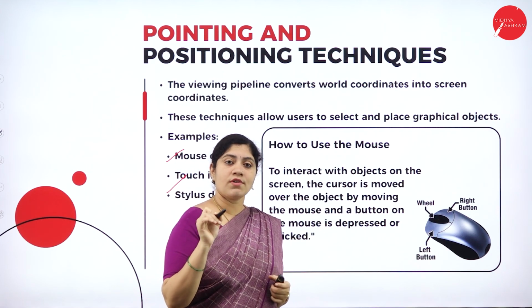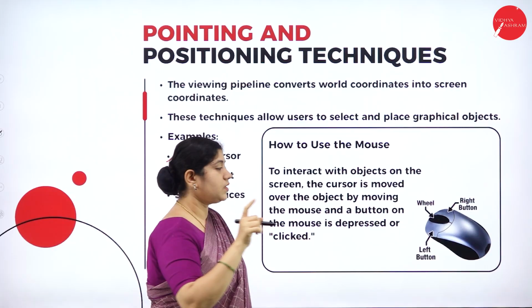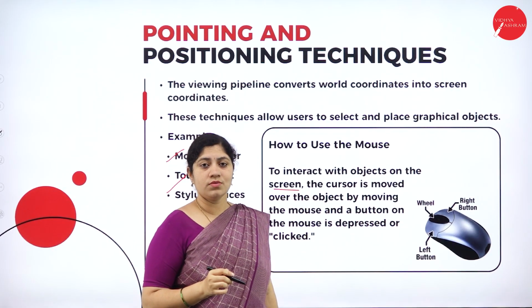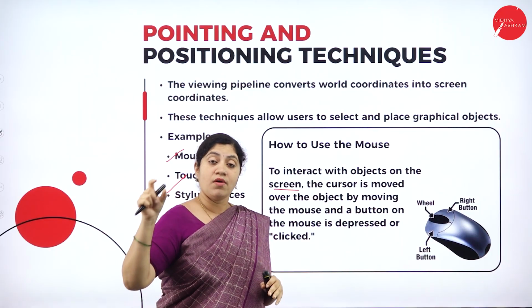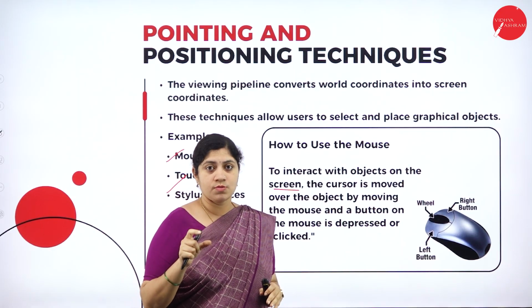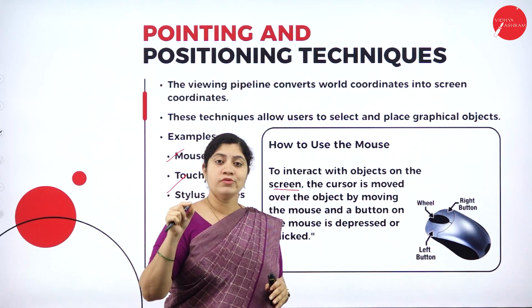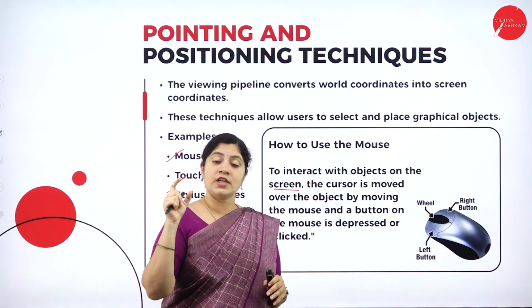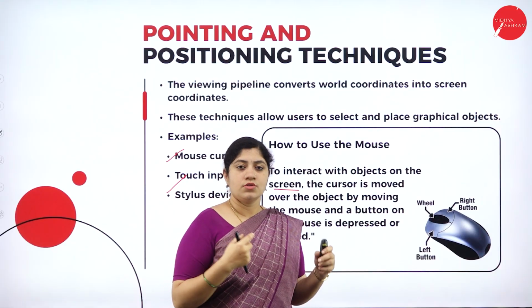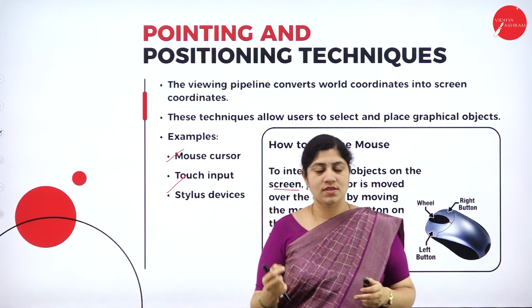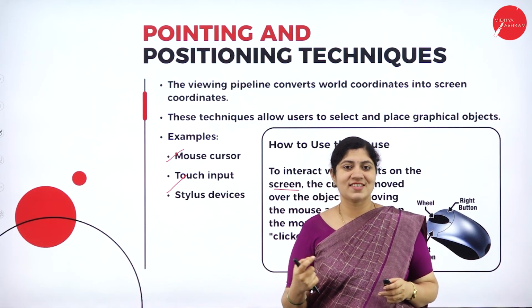In order to interact with the objects present on a screen, what do we do? We move the cursor on that object. Now, how is it done? It's by mouse movement, right? And the mouse click is released or depressed in order to stop at that point. So, this is the basic thing that we did discuss.